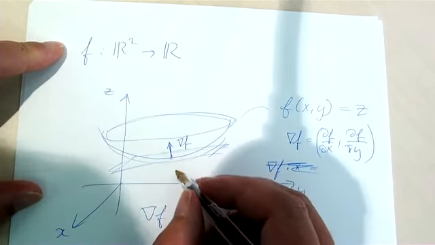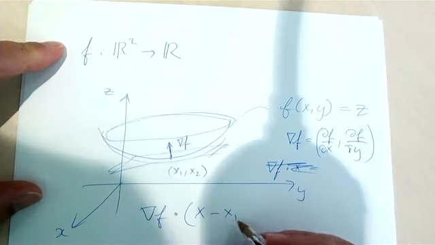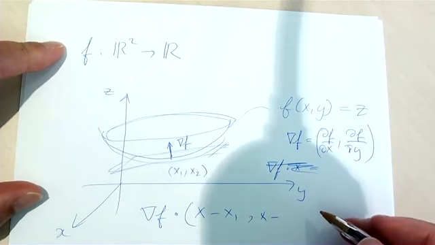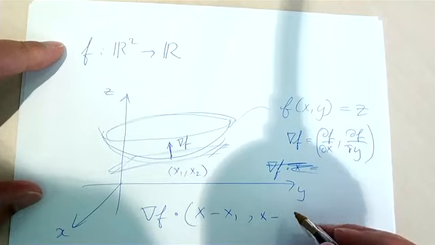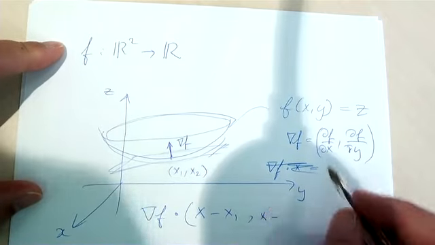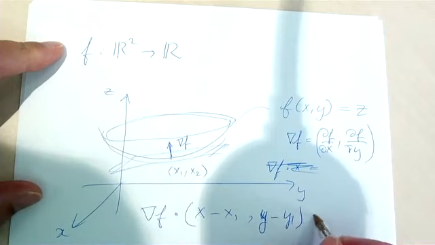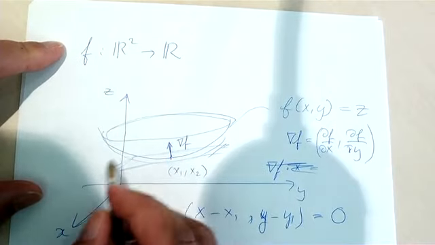This one is the point x1, y1, so we have x minus x1 and y minus y1, equals 0. So this one is the tangent plane here.